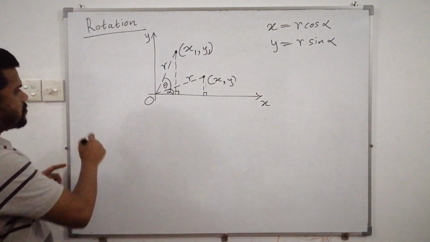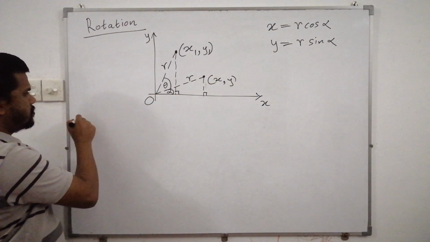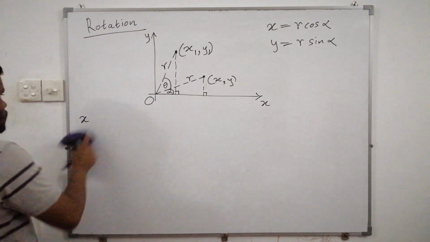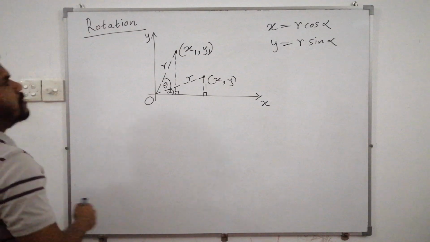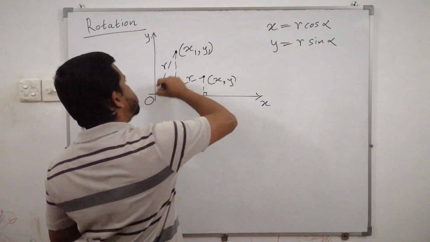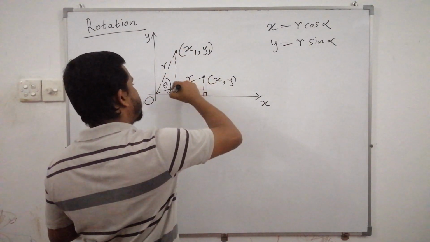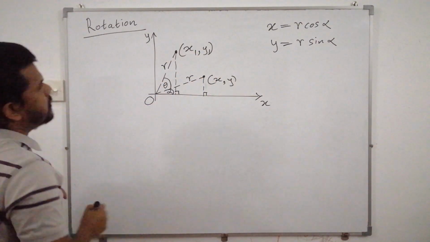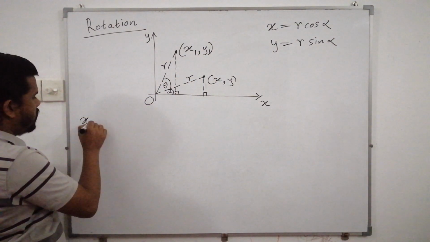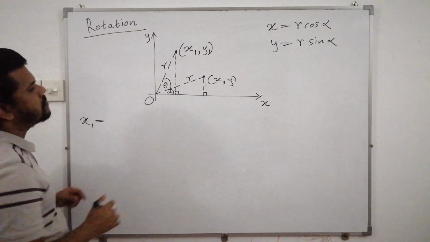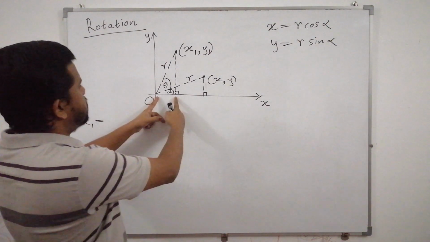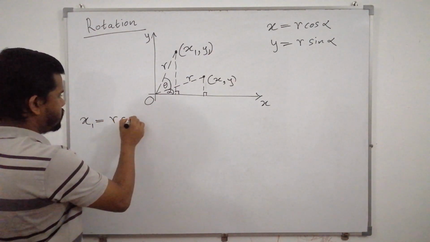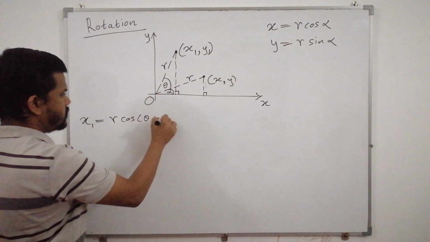Now let's consider this triangle. So here x1 means r cos theta plus alpha.